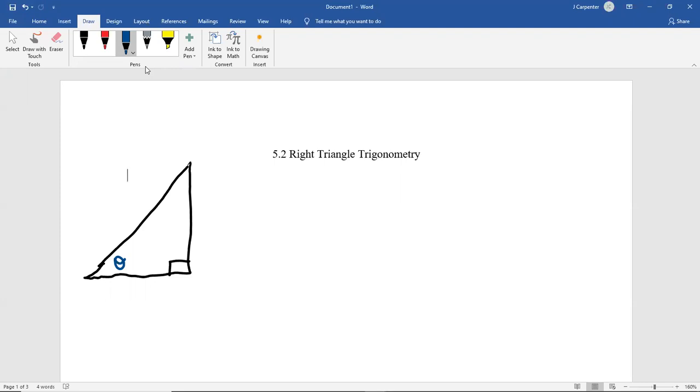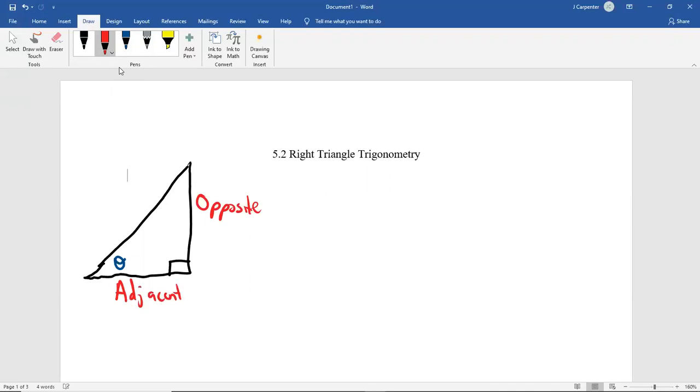And in relation to that angle, these three sides can be given names. This vertical length over here on the right, we can call the opposite side. This horizontal length on the bottom, we can call the adjacent side.